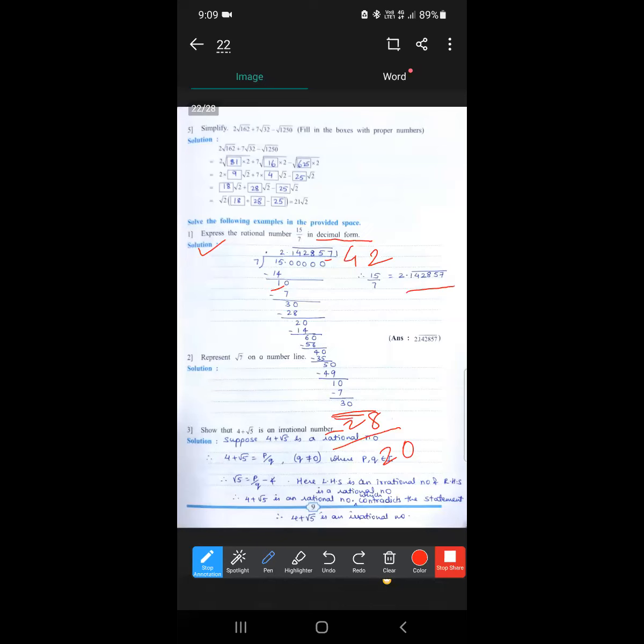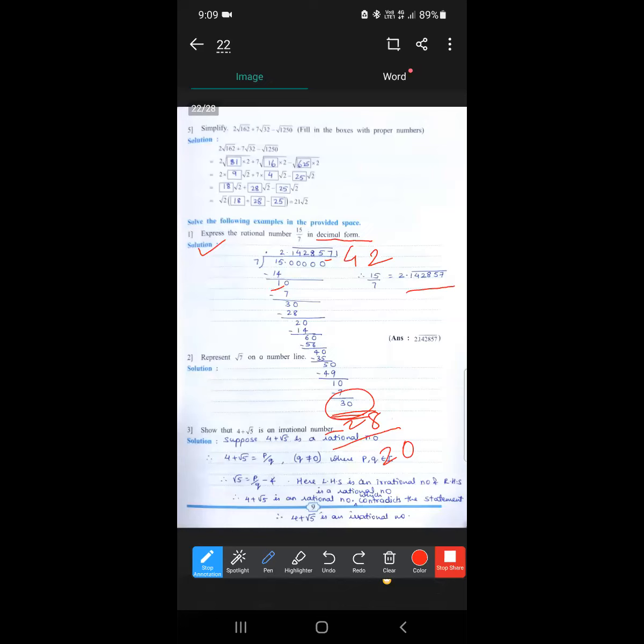So here itself I will stop the division. After you stop the division, the digits which are recurring, you need to put a bar on them. You can see on the screen, I have put a bar.